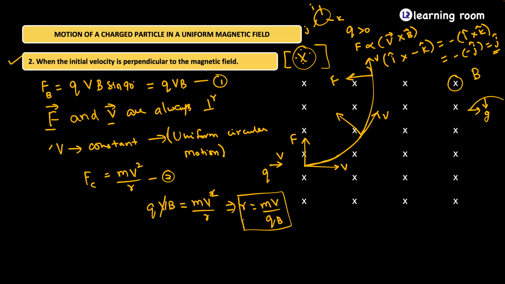The next point is, if I look at this expression R, so R is given as mv by qB, no? This m into v is called linear momentum, which is represented by small p.